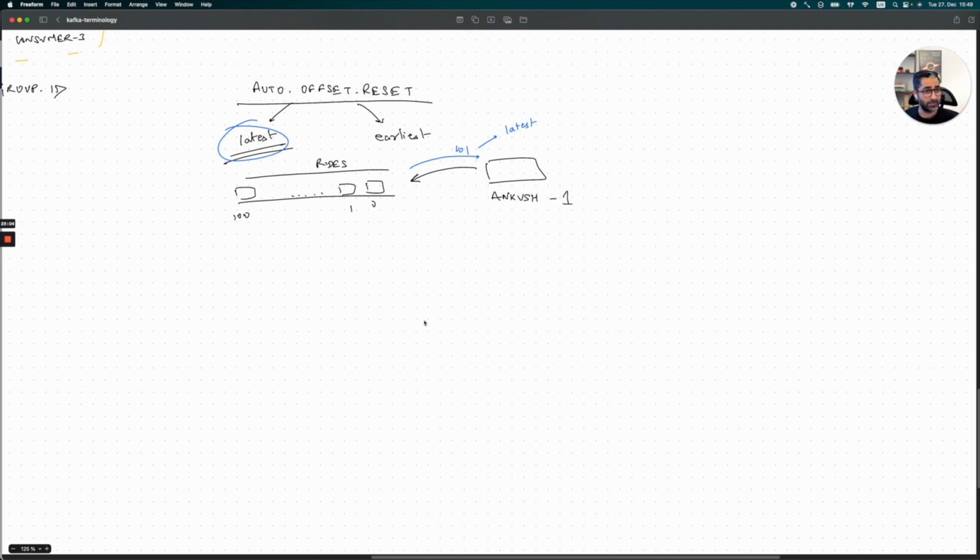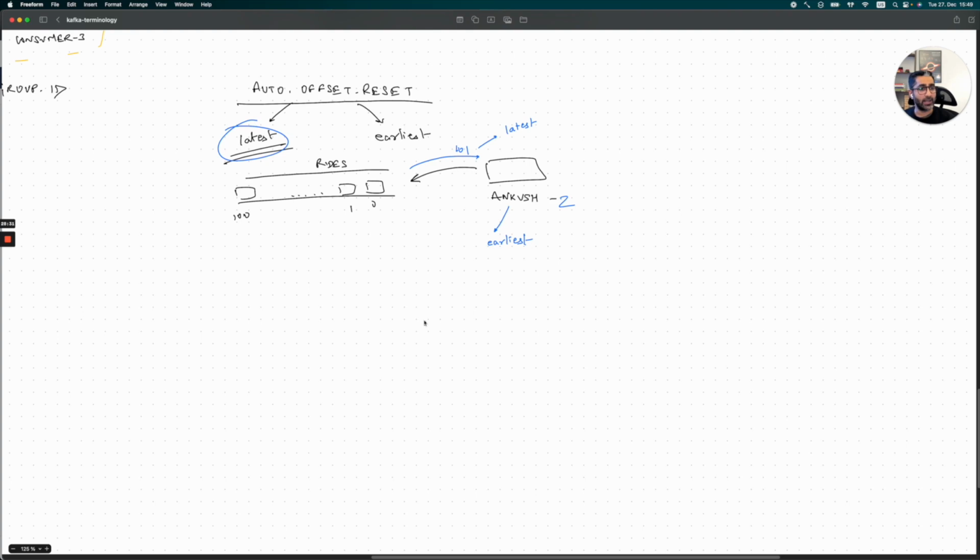Now, if I specifically and intentionally set something like earliest, I say, okay, my auto offset reset is earliest, and I try to connect to Kafka. Let's change our consumer group ID in this case and name it Ankush consumer group ID 2. So we have now renamed our consumer group ID. We have also added auto offset reset as earliest.